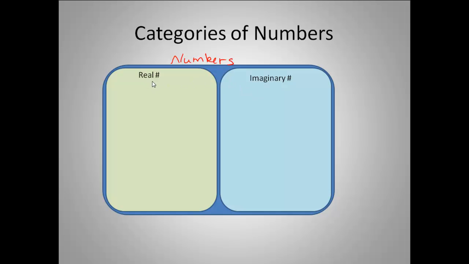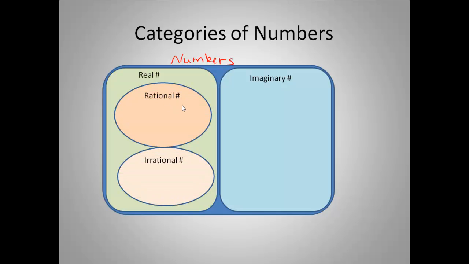But just realize that numbers are divided into real numbers and imaginary numbers for us. Well, once we get inside the real numbers, now we can break the real numbers down into two other categories: the rational numbers and the irrational. Now remember, rational means it can be written as a ratio. So these are anything we can write as a fraction. This is anything that's not a fraction. We're going to break our rational numbers down a little bit farther, and that's going to be into the integers.